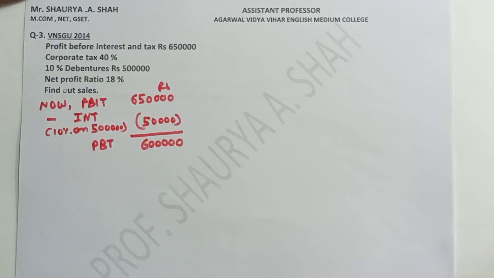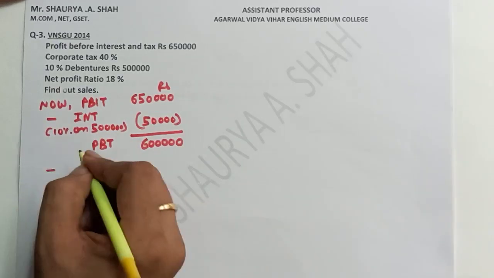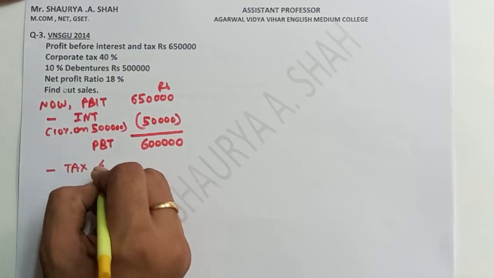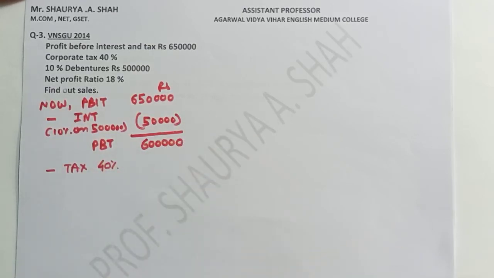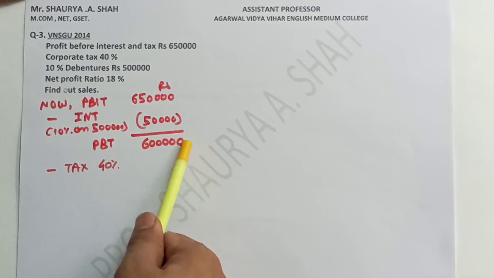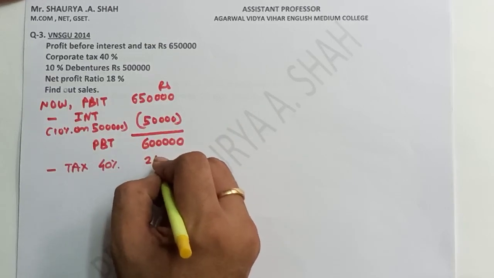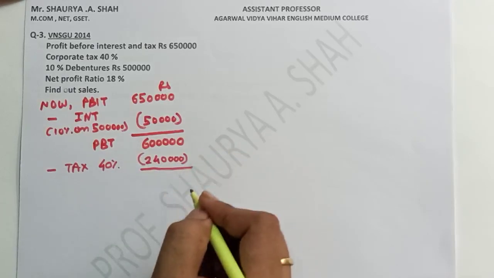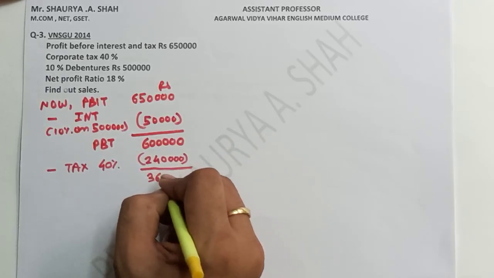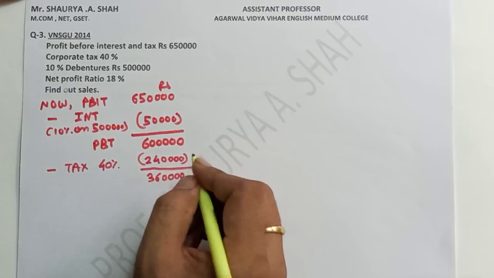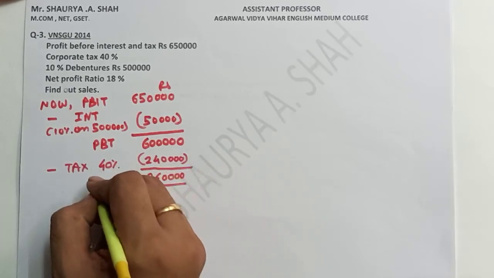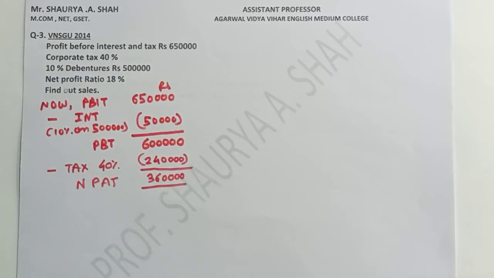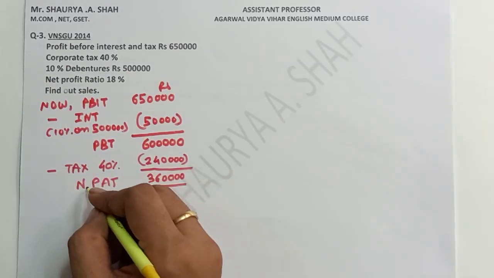Now from this I need to reduce tax. What is my corporate tax rate? 40%. So 40% of 6 lakh gives me 2,40,000. So my answer stands at 3,60,000. What is this 3,60,000, students? This is profit after tax, NPAT, net profit after tax.